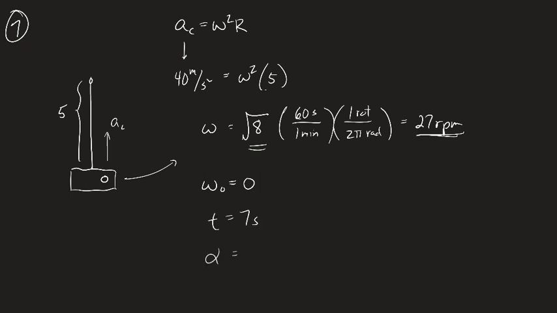So that's omega minus omega naught over t equals alpha. And so that's going to be the square root of 8, which is 2.8, minus 0 over 7 has to be the acceleration in radians per second squared. So 0.4.